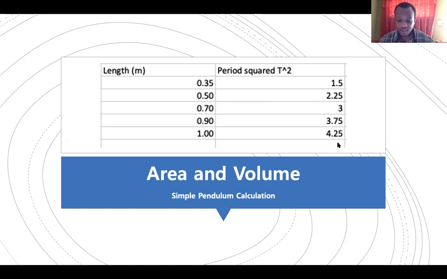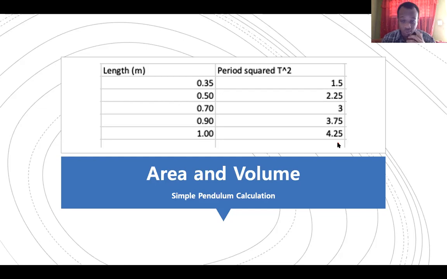I'll make this due. You're supposed to plot the graph tonight. I need to see the graph tonight, and then the gradient and the rest of the calculations will be due on Friday. For those on Google Classroom, if you've sent your graph, I will see it.